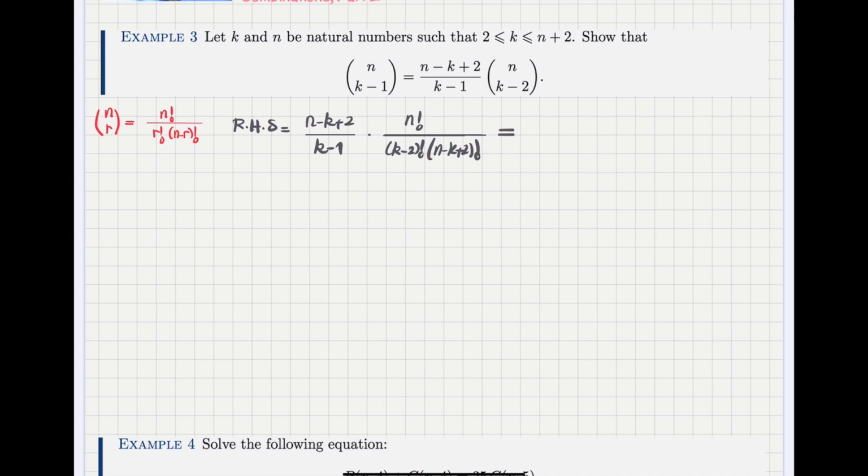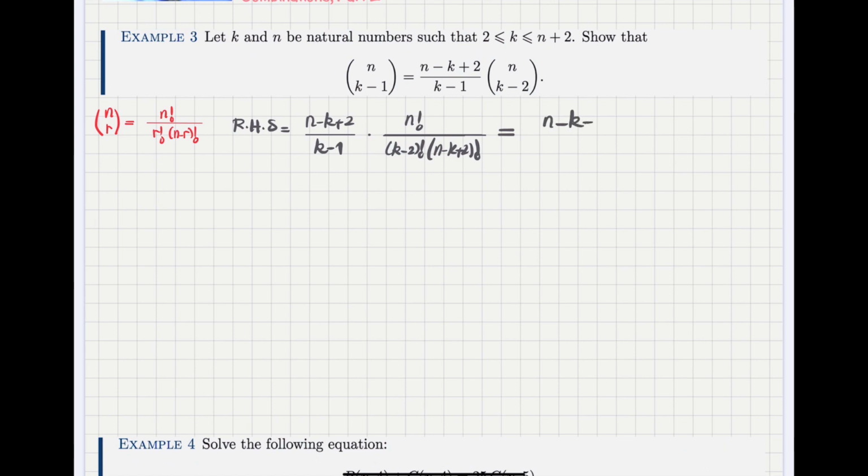But you immediately realize, what can I write for these two being multiplied together? K minus 1 factorial. Exactly. But I can decompose this into n minus k plus 2 times n minus k plus 1 factorial, and this one and that one will be gone. So that's good.